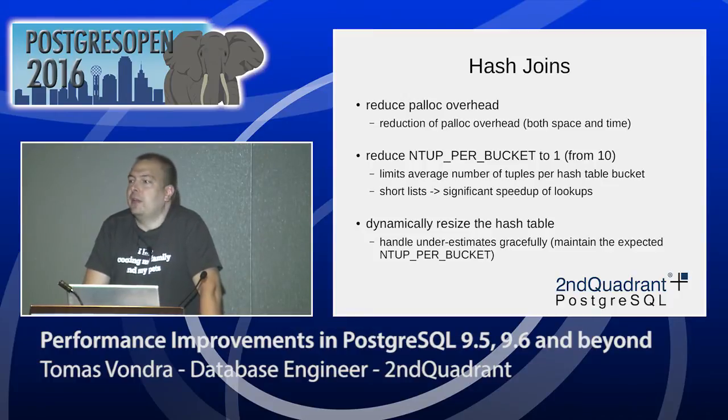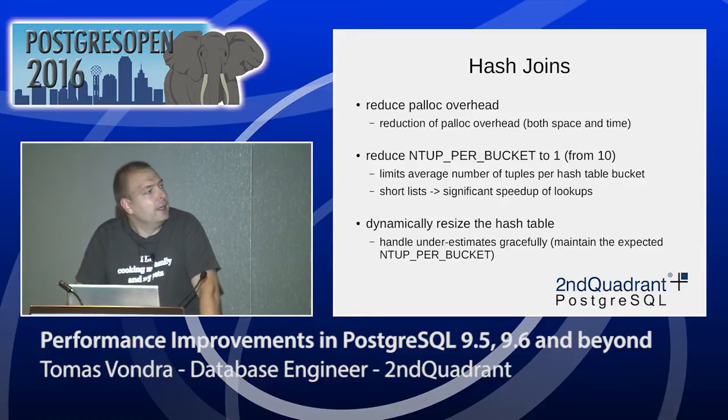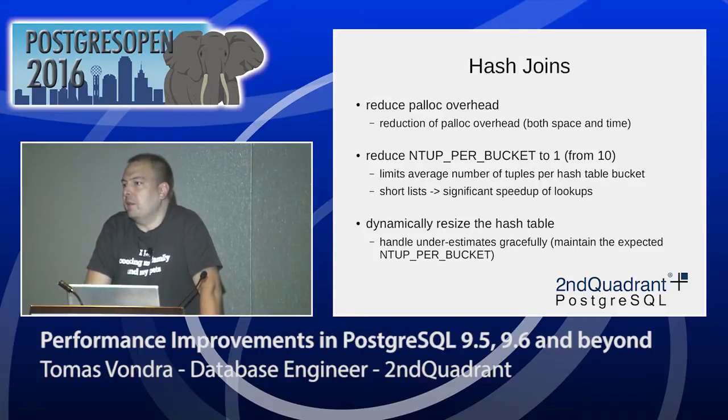And it turns out it's actually a significant performance problem because first, we need to walk the list. Maybe we don't have to; maybe we can size the hash table differently. And the second thing is, if there happens to be an underestimate, right? If you only expect 10,000 groups, but you get 10 million groups, you end up with very long lists in the hash table.